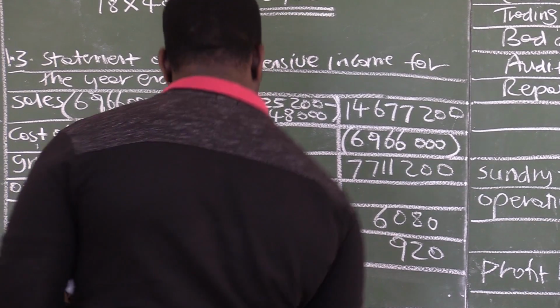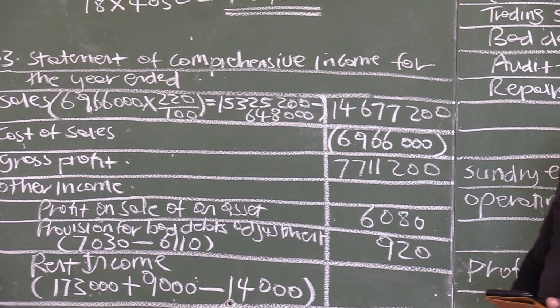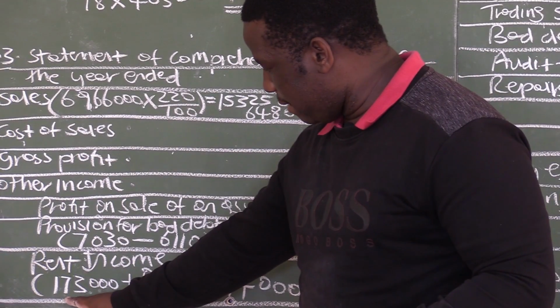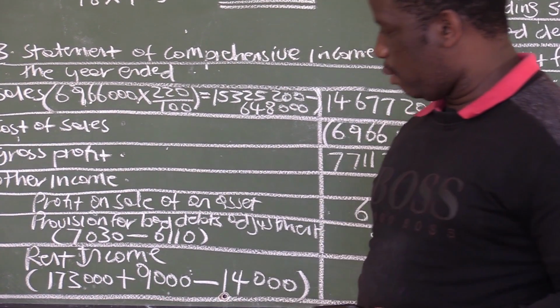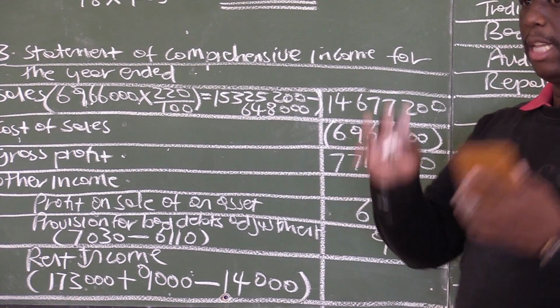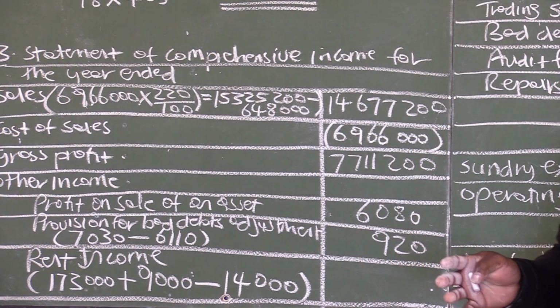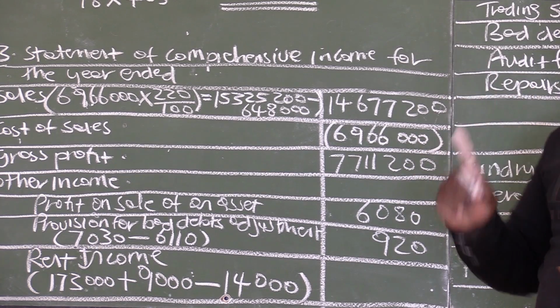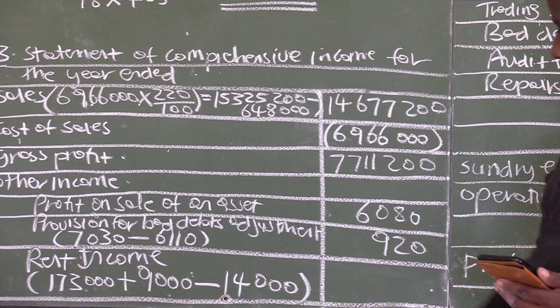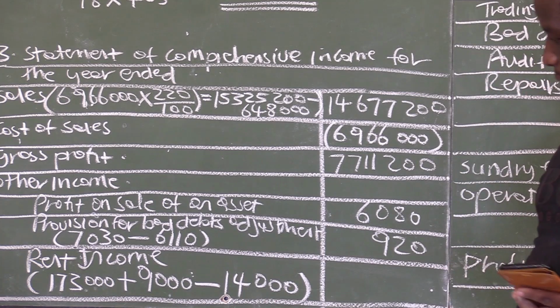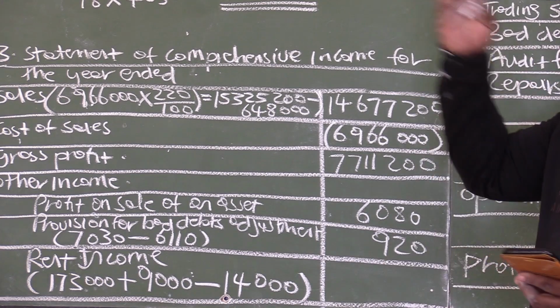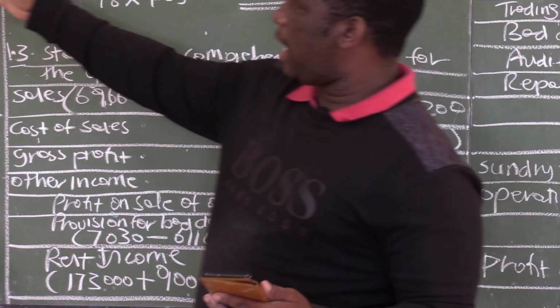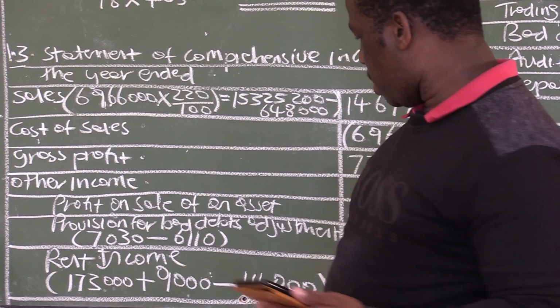How did we get this 14,000? We took 173,000 plus 9,000, which gave us 182,000. That's the total rent for 13 months, and we divided by 13 to get the monthly rent. The monthly rent is 14,000, and we have to take it out, because it's for March, and our accounting period ends on the 28th of February 21.